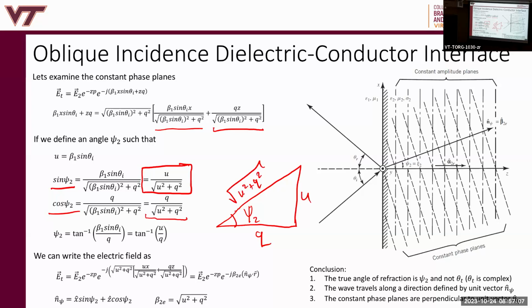So I can define all these trigonometric relationships, converting this argument into a sine and a cosine with this definition. No, it's not hyperbolic. It's regular sine and cosine.